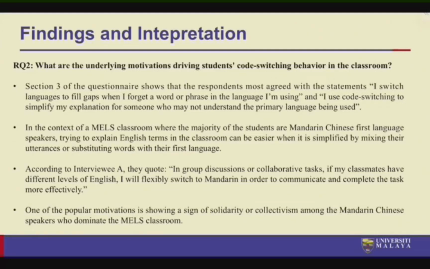For example, interviewee A shared in group discussion collaborative tasks: "If my classmates have different levels of English, I will flexibly switch to Mandarin in order to communicate and complete the task more efficiently."